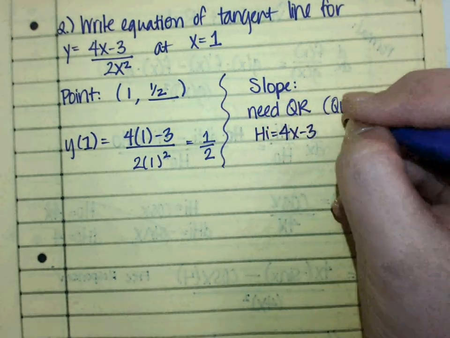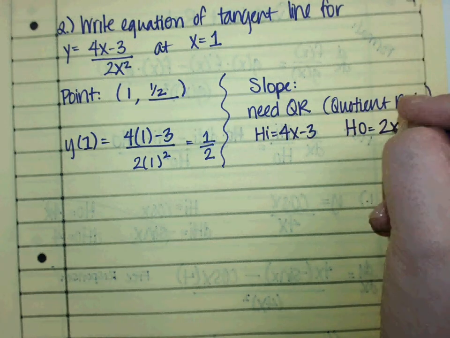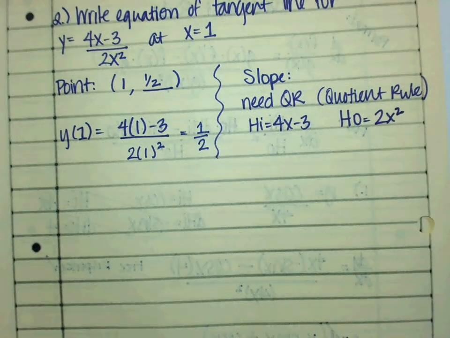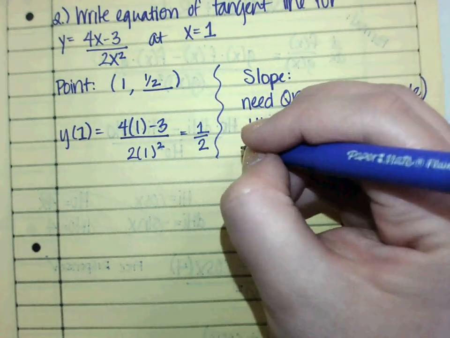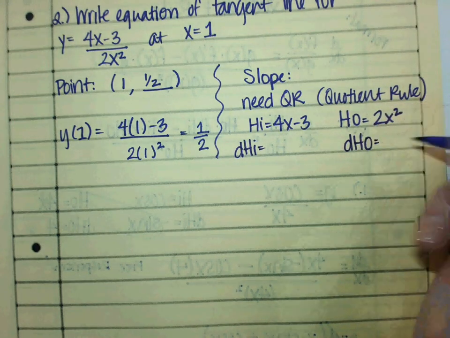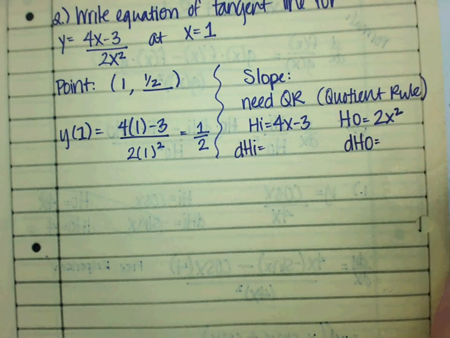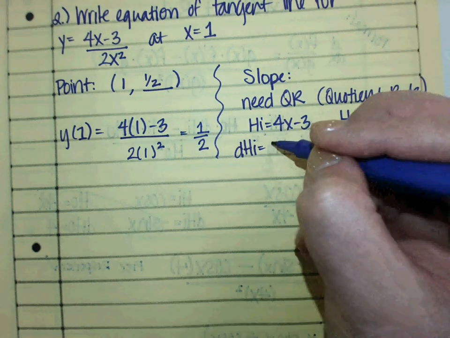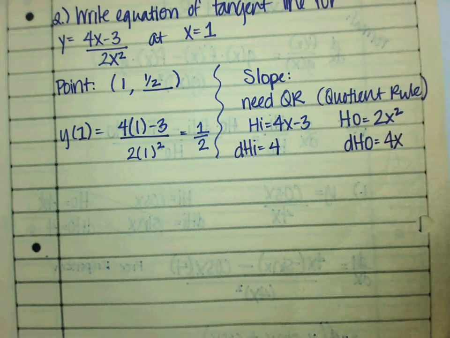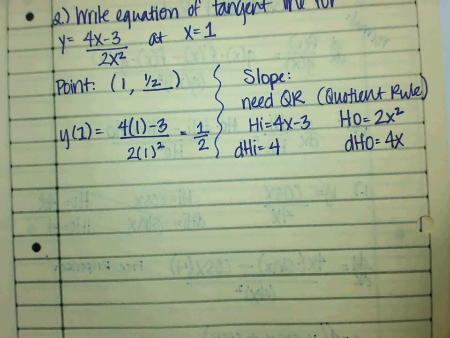Ho is on the bottom, so it's a 2x squared. And then I'm going to take the derivative of both of those, call it d high and d ho. Okay, so what's d high if the top is 4x minus 3? 4. Just a 4. What's d ho? 4x.